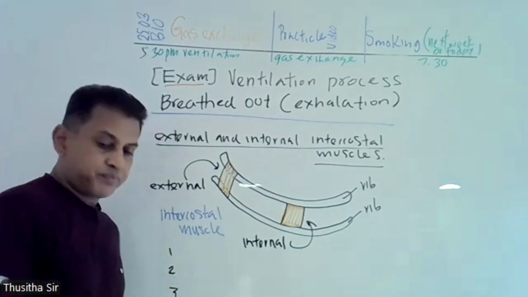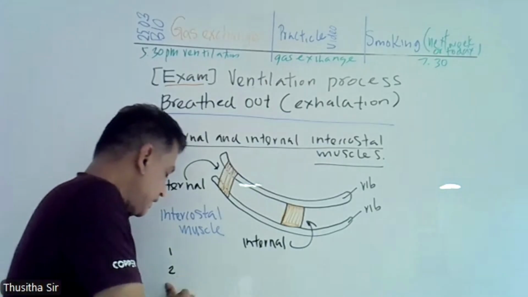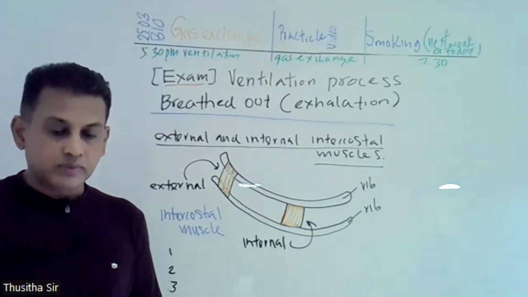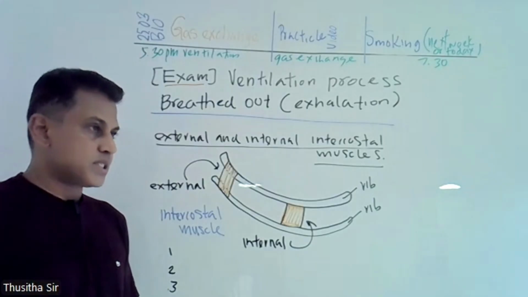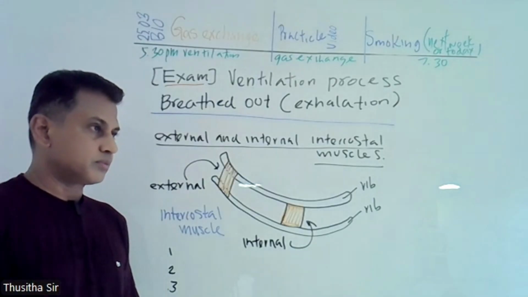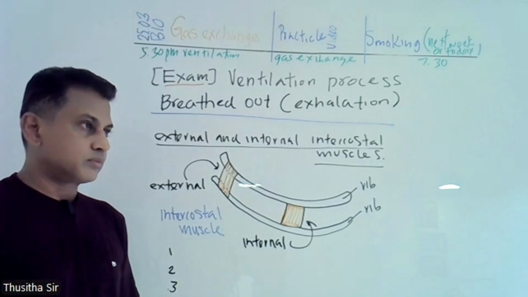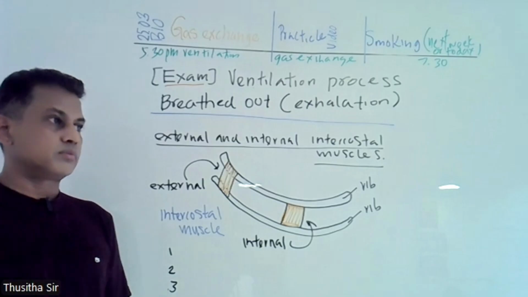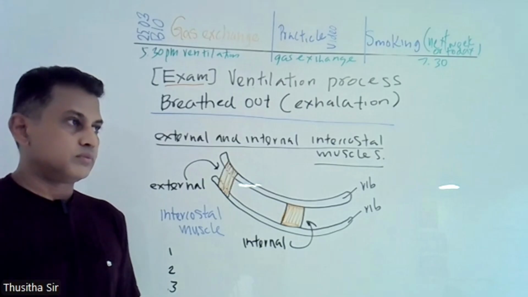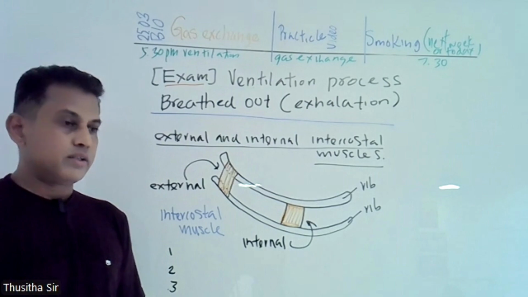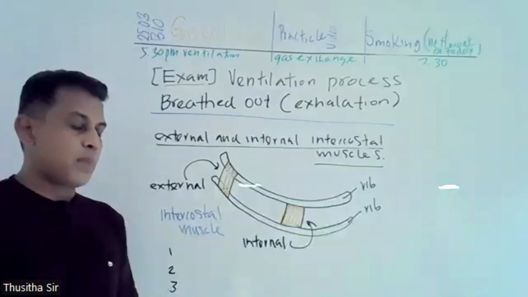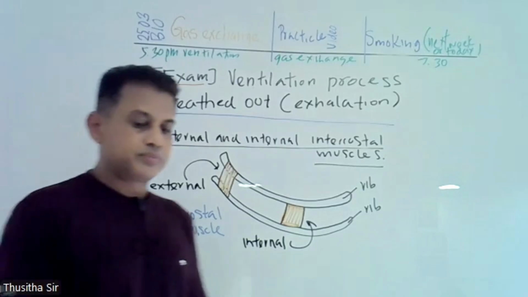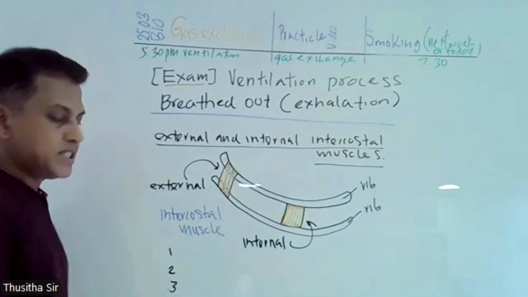Number 3, internal intercostal muscles are located inside of the ribs.